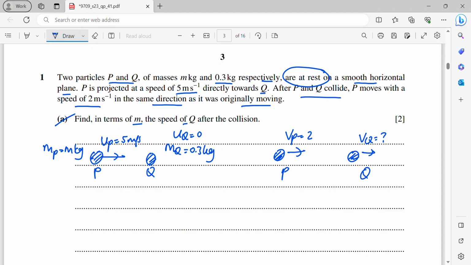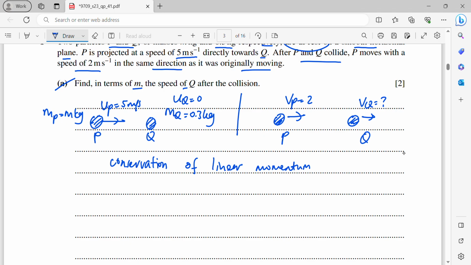So now, from here, we need to refer to the conservation of linear momentum. According to the conservation of linear momentum, the momentum before the collision will be equal to the momentum after the collision. The momentum is found using m times u, so the mass times the speed.